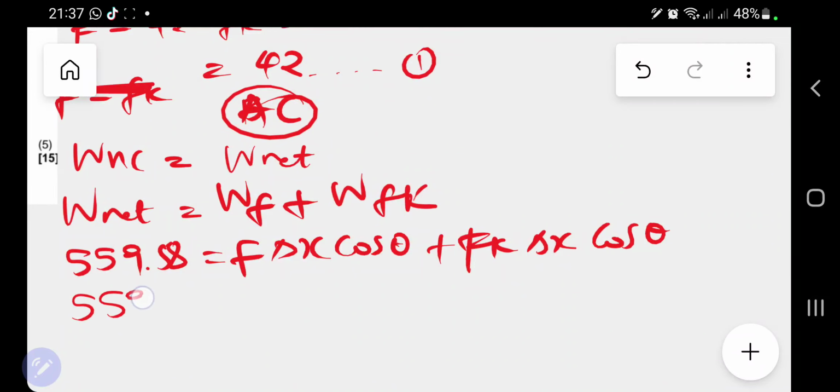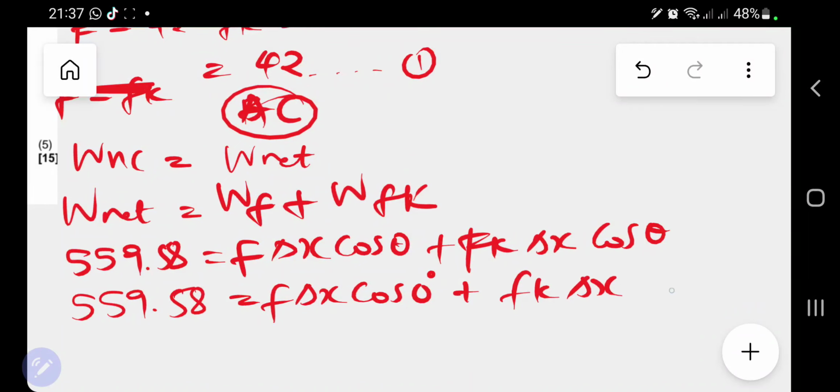So 559.58 equals F Δx cos 0 degrees plus Fk Δx cos 180 degrees, because the frictional force is opposing the displacement. And for the applied force the angle is 0 simply because it is in the same direction as the displacement.